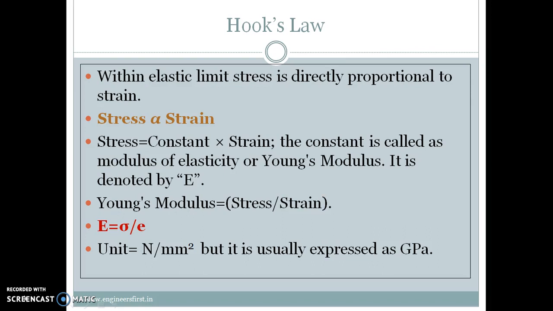When I say 200 gigapascal, it will be equal to 200 into 10 to the power 3 Newton per mm square. You must keep this point in mind, because it is very important while solving numericals. If you miss this conversion, your numerical will definitely lead to a wrong answer.